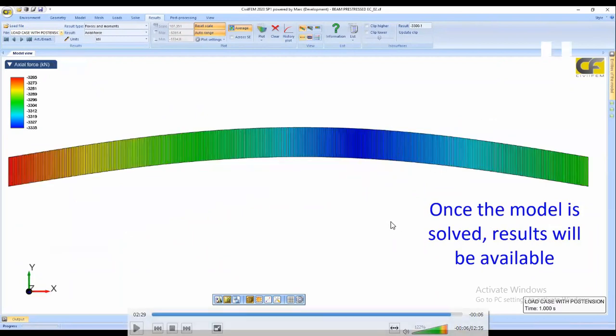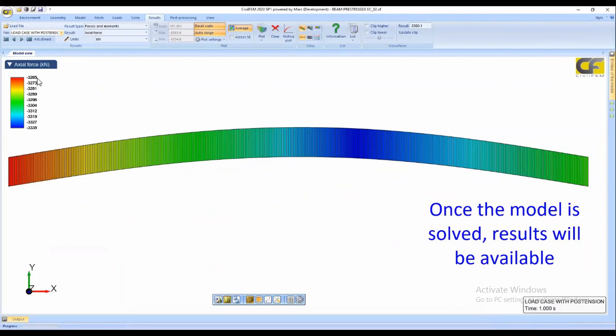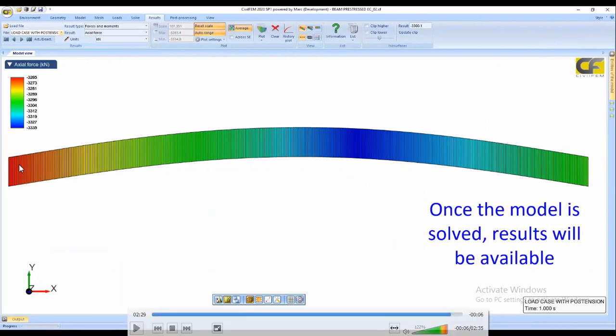Yan naman yung naka-top view siya. So may mga axial forces. So makikita nyo dito, you can see that itong part na to is 3 to 65 kilonewton tong part na to. Which is nandyan yung mga pre-stressing force natin. Okay? So nakakamba siya dito, naka-exaggerate, pero in actual job, nakakamba siya pero hindi gaano kita. Okay?